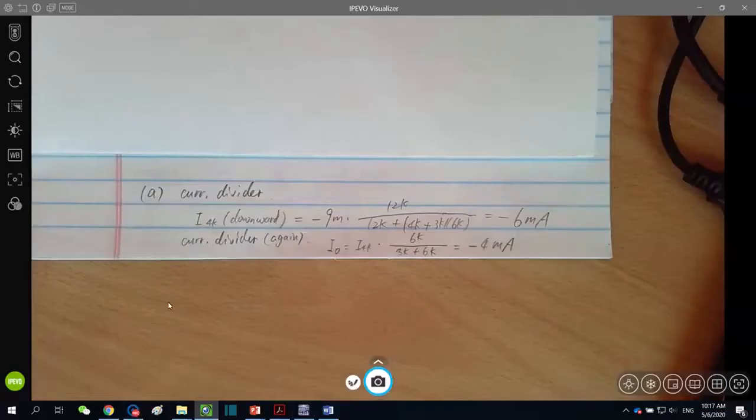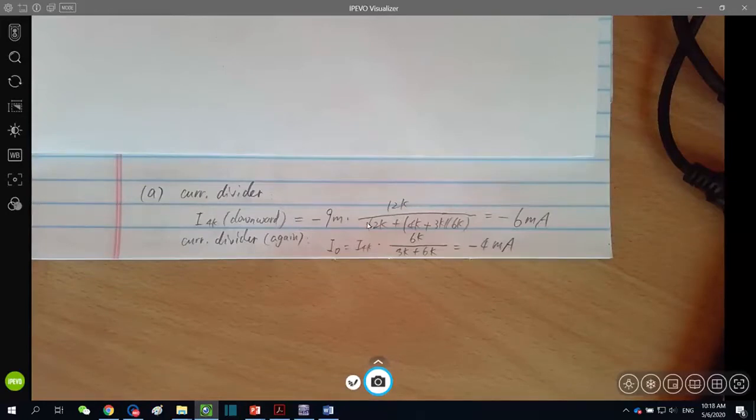So here is the solution specifically. First of all, as I said, looking for the current through 4K. We know the current through 4K is supposed to be upward. However, if you're looking for the downward current, it actually equals negative total current times the ratio. In the numerator is the other branch resistance, which is 12K.